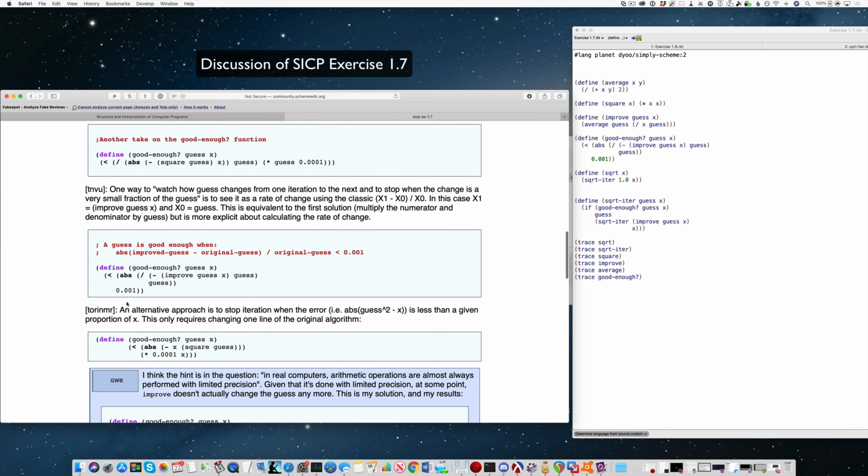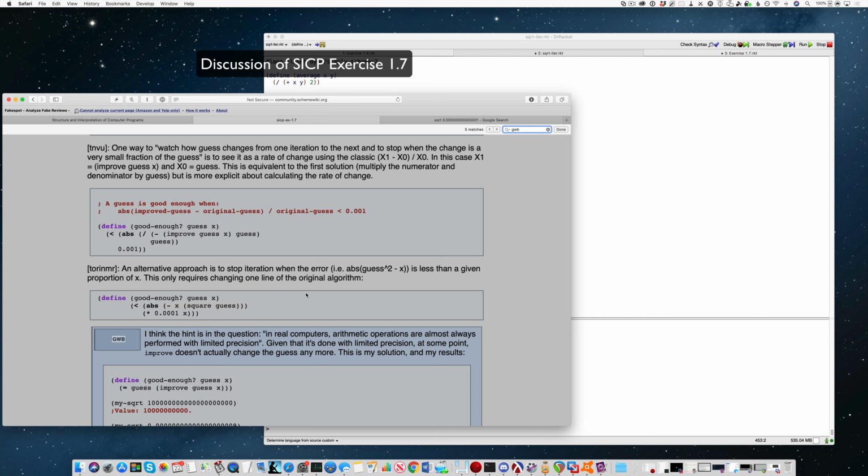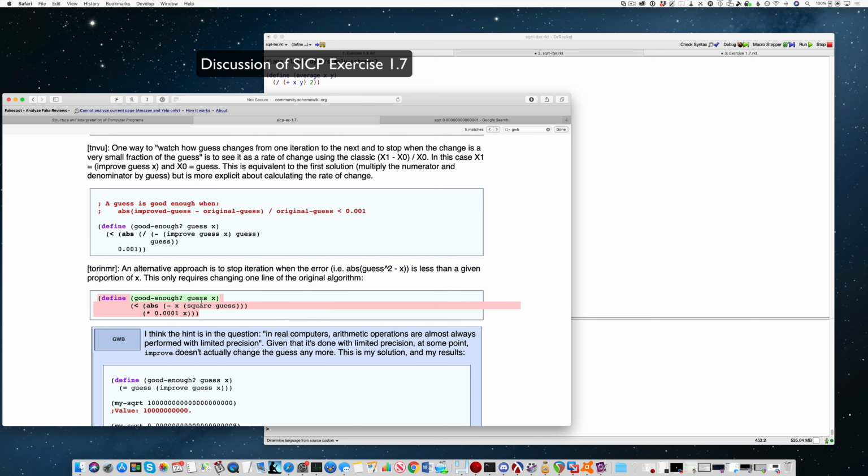Read through some of these other ones. Alternative approaches: stop iteration when the error was less than a given proportion of x. So what is this? This is interesting.